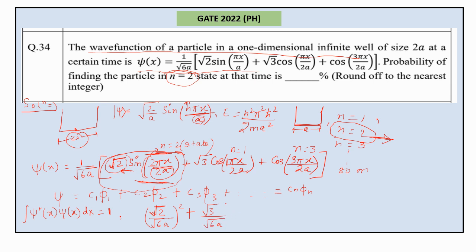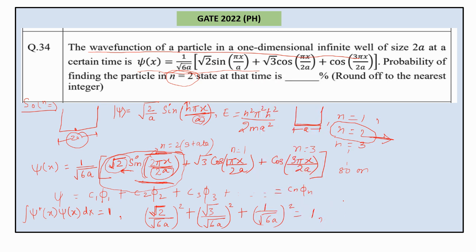I'm just doing it directly because these constants will give you their square, 1 upon root 6a is equal to 1. These terms will not come, when you integrate it, it will give you a 1. So just take the constants that are in front.